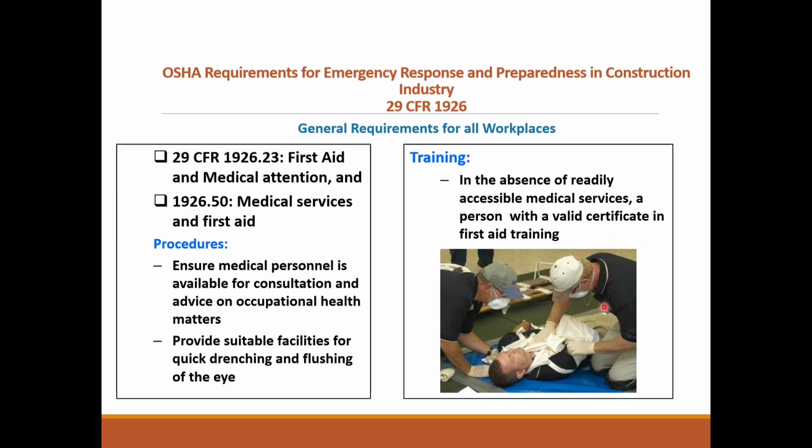That's why if you will be a selected employee to be a first aider, the company should provide you proper and correct best practice training, first aider or BLS or advanced BLS.